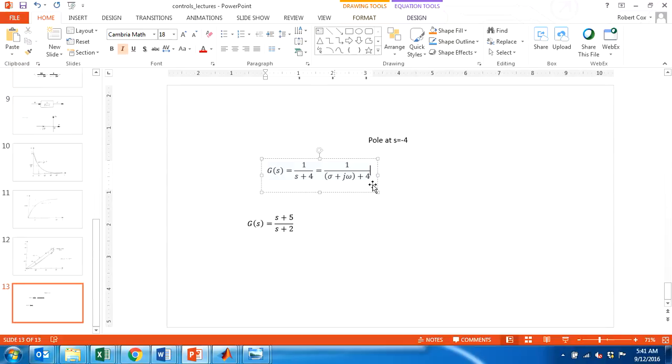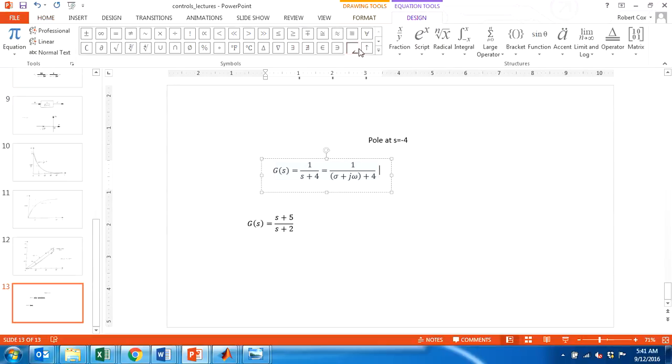If I want to plot that and understand what this multi-valued function looks like, since it is a complex function, I can't just plot it. I have to look at magnitudes and angles.